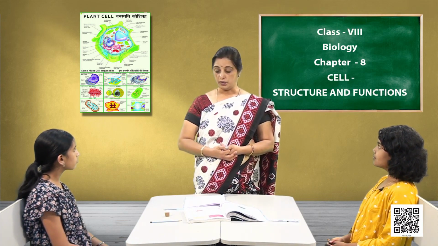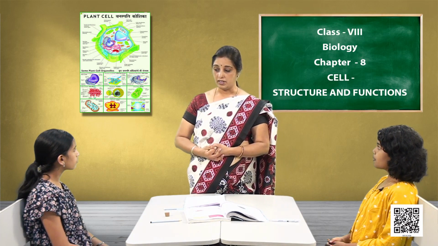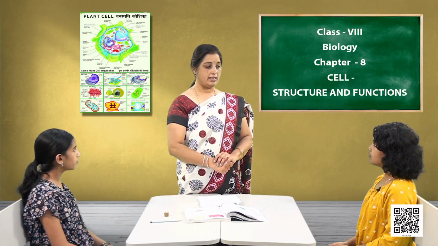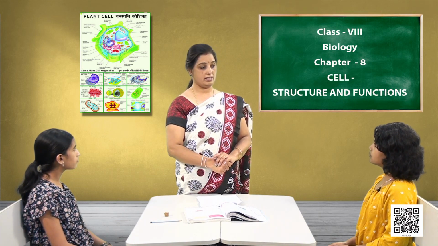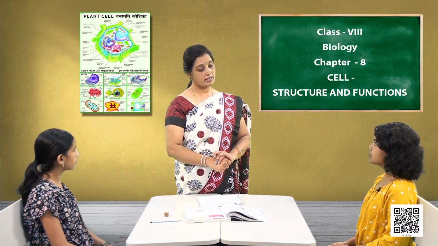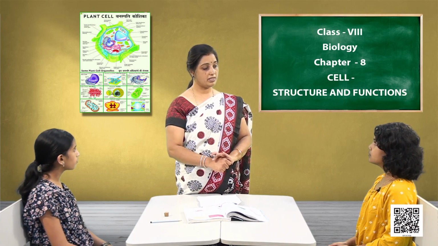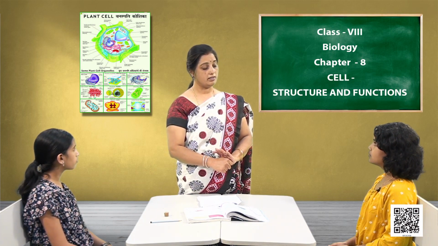Okay, you know that there are organisms which can be of a single cell. Ma'am, what about other organisms? Do they all have trillions of cells in their body? There are some organisms which have only one cell. The one cell itself is an organism, like paramecium, amoeba, euglena. They themselves are an organism. The one cell organism performs the same activities as we do.